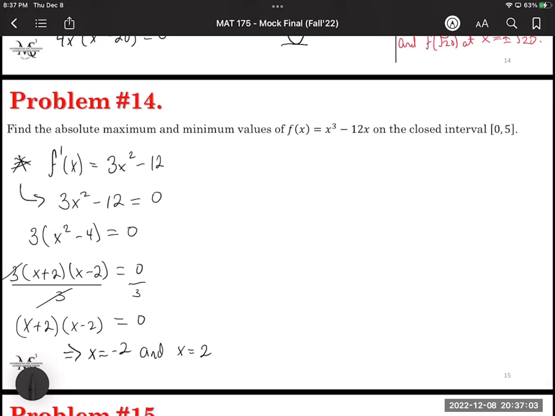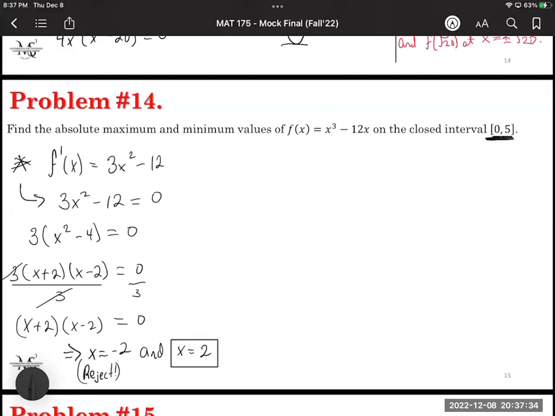Is there any issue with our critical values here? Yes, the -2. Look at your interval of interest. Your interval of interest is from 0 to 5. Because -2 is outside of that interval, we're going to reject this value. The only one we're going to accept is x equals 2.